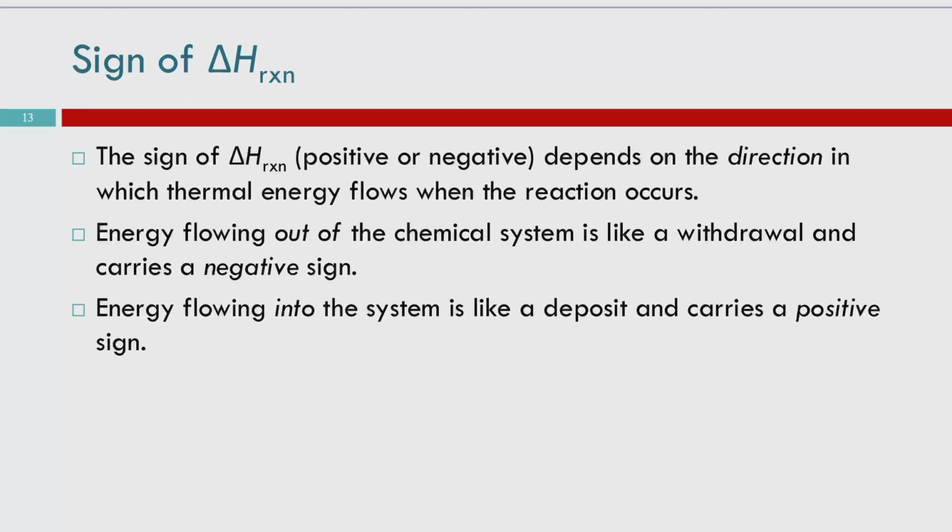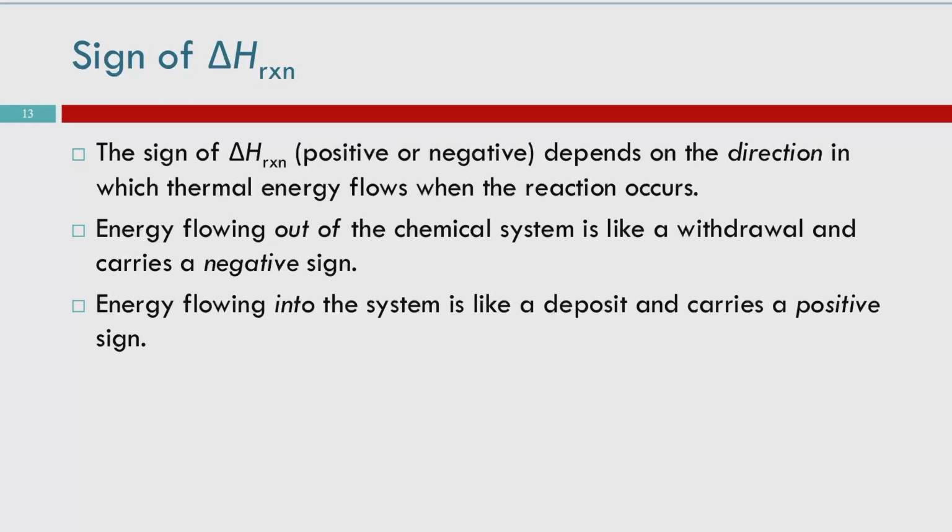That delta H sub Rxn, the change in enthalpy of the reaction, can be positive or negative. The sign on these, the way that we think of them, is sort of like in a physics model. We've got a system, a thing that we care about, and then we've got the surroundings, the things that are outside of the system.